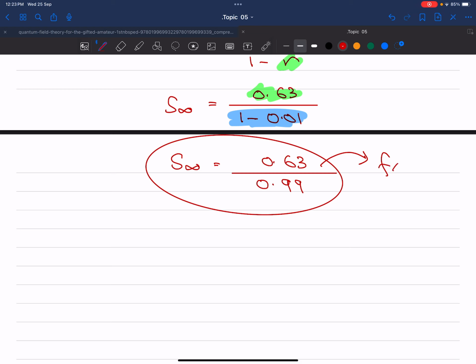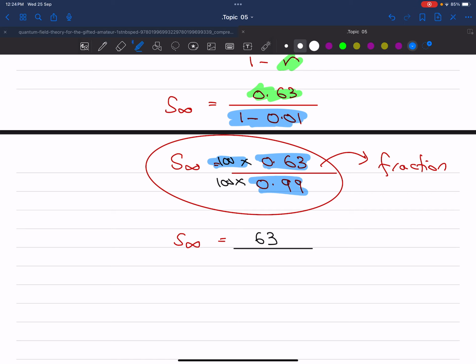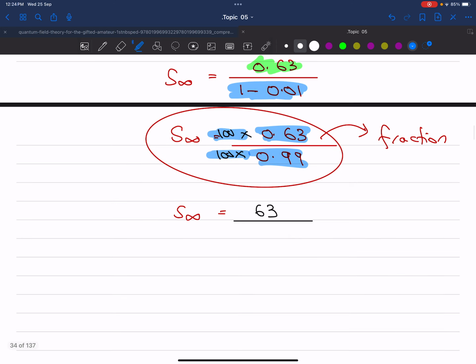You remember the earlier part? They said express as a fraction. So what I do now, I times by 100, up and down. The top part, 0.63 times 100, I'm going to get 63. The bottom part, 0.99 times 100, I'm going to get 99.